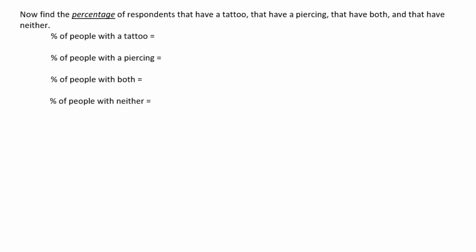Well, we found that that was 349 out of 500 people. If you put that in your calculator, you get 0.698. And since the problem asks for a percentage, I'm going to multiply that by 100 to get 69.8%.